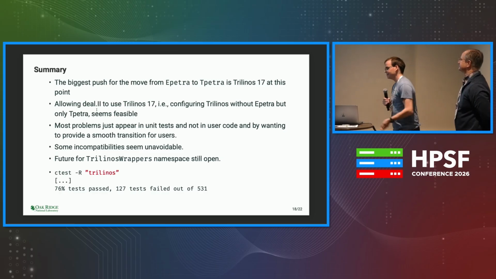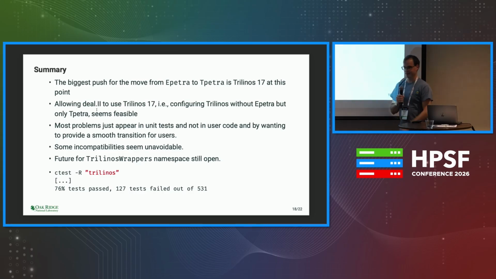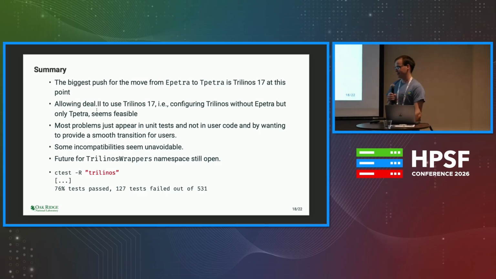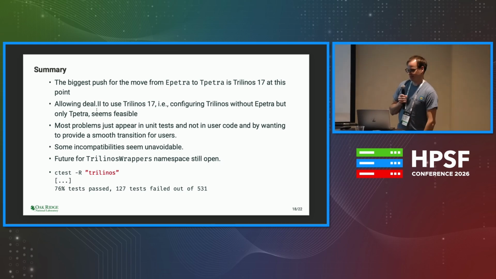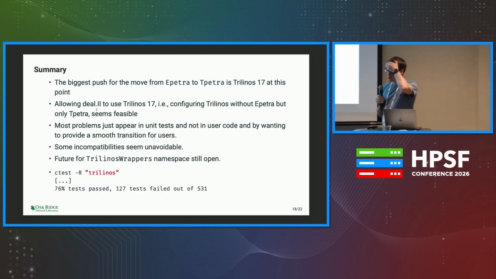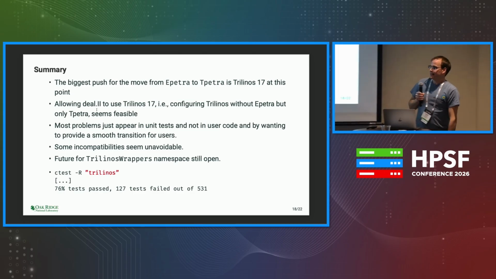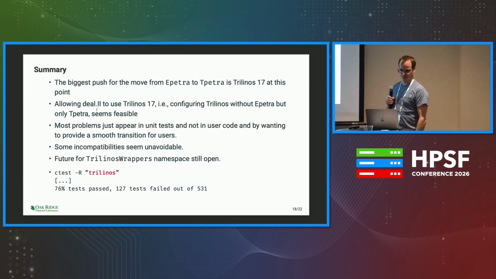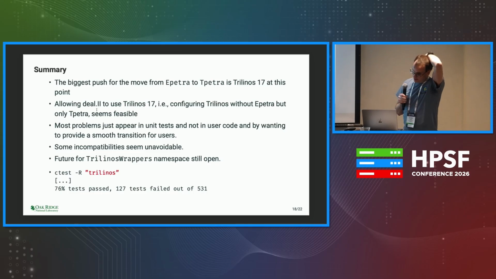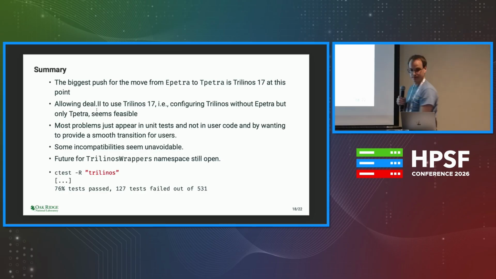So, ultimately, everything works with Tpetra. You just need to accept that there are incompatibilities, in particular for easy use cases where you don't need to expose or use every interface we have in deal.II for the Trilinos wrappers. It should just work at this point. But I still wouldn't recommend people to use it, unless they want to experiment, because it's not super stable.